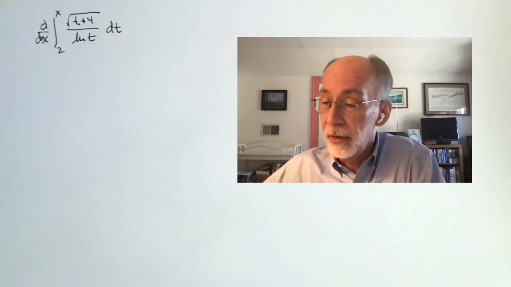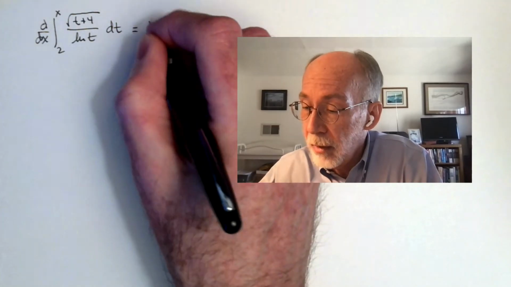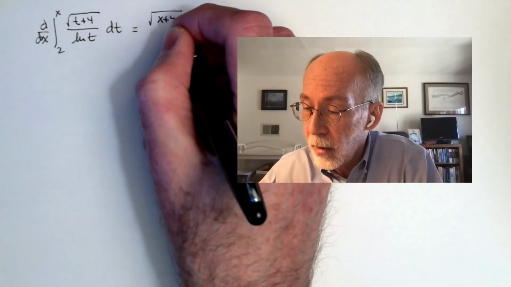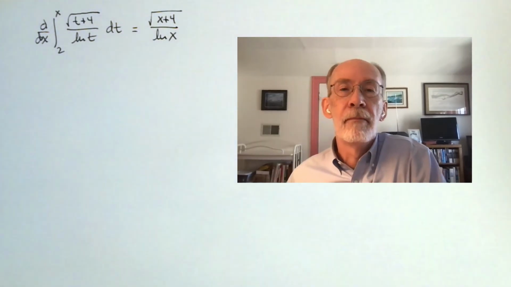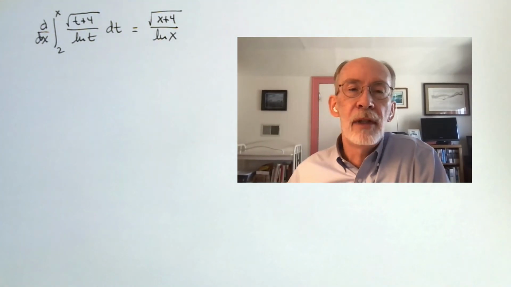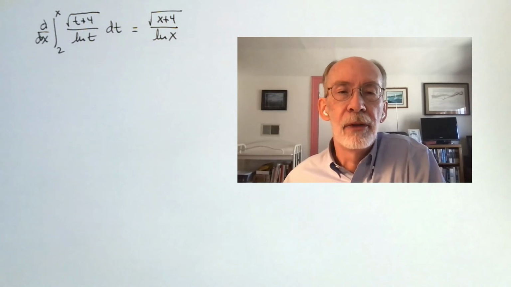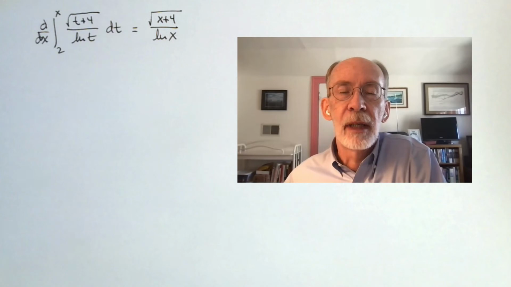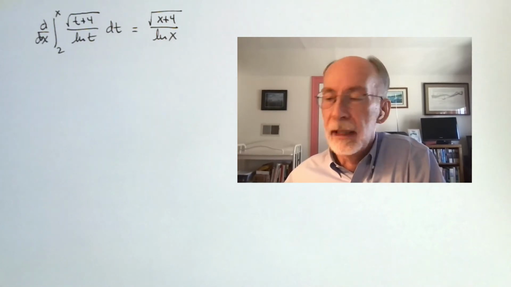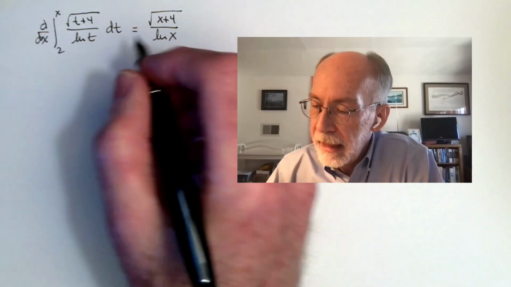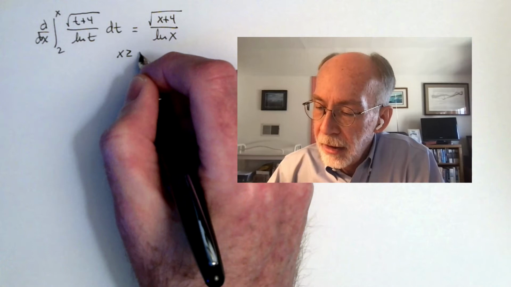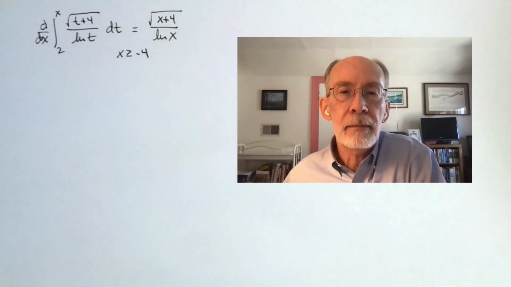Fundamental theorem part two says that this is just the square root of x plus 4 all over the natural log of x. But we need to be attentive to issues of domain because this is only going to be good for x's that are on some continuous interval containing 2 that can be inserted into this integrand. So we need, for example, x to be greater than or equal to -4.